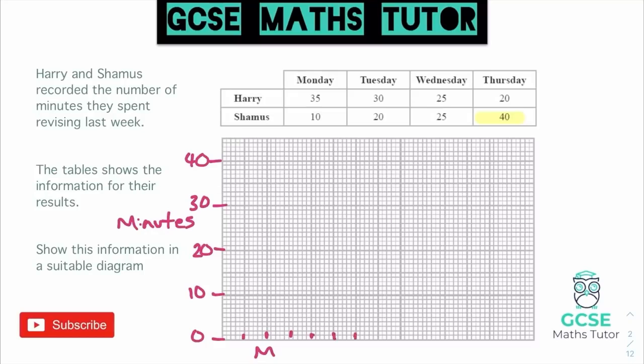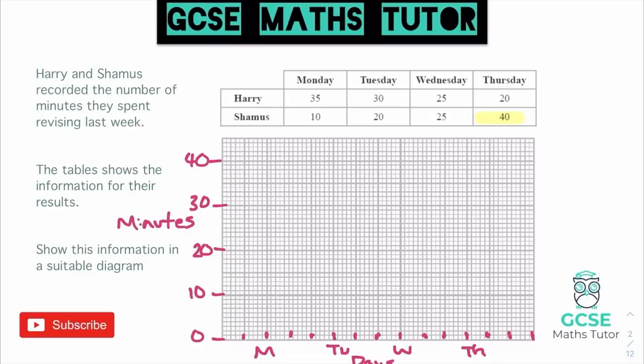We can label this in every 5 squares I'm counting, just to make sure that it's nice and neat, and hopefully this all fits. So that could be Monday there, we'll leave a gap, and then we'll have Tuesday here, leave a gap, Wednesday, leave a gap, and then we'll go for Thursday just over there. Okay, so that also needs labelling, so we'll put days underneath, and we'll just write that that's going to be the days down there.